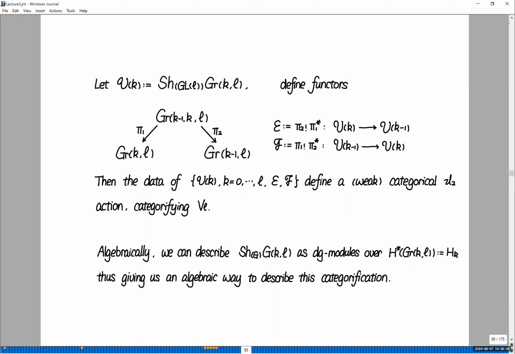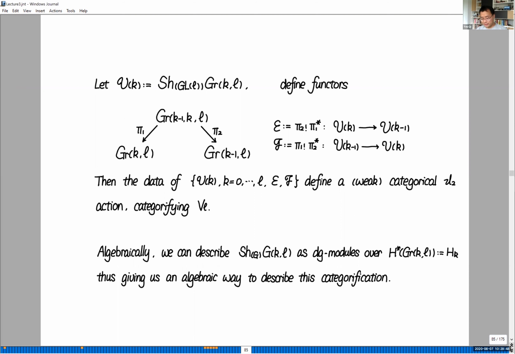Thanks. What's the reference for this material? I think a good reference is actually Aaron's paper on SL2 categorification, but he describes everything in terms of cohomology of the flag varieties.